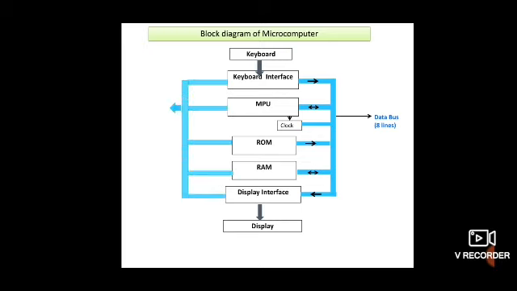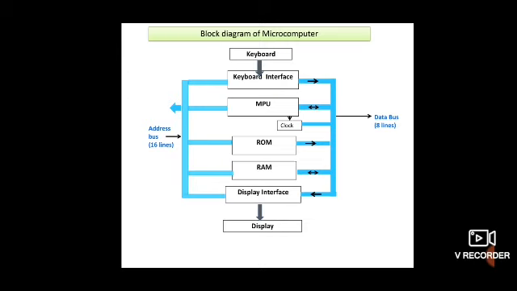Now next, see on the left side, this is the address bus. Address bus is 16 lines. Address bus is a unidirectional bus and they are 16 lines. 16 lines means 16 address lines. They go from MPU to the peripheral device.